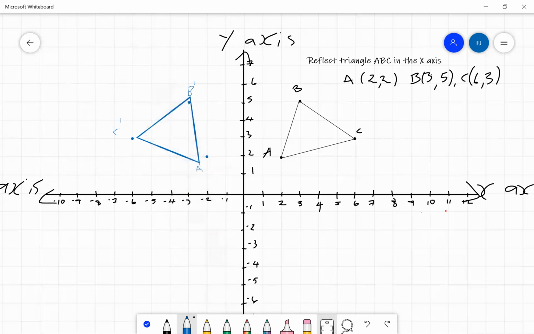So there we have the image of triangle ABC, and we will now record the coordinates of each point. Point A prime has coordinates -2, 2. Point B prime has coordinates -3, 5.